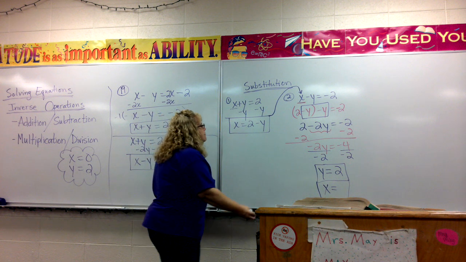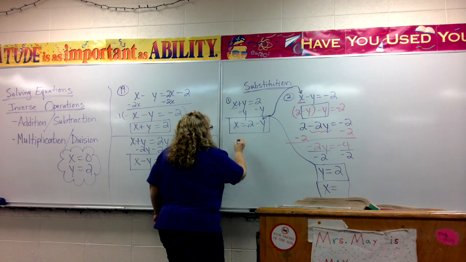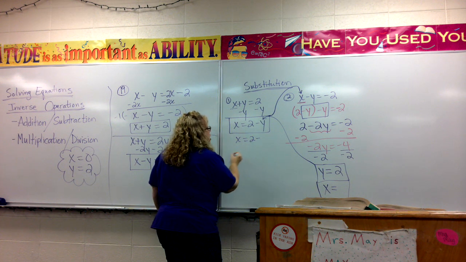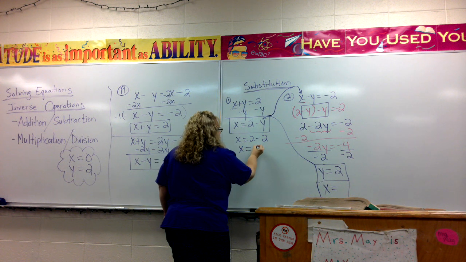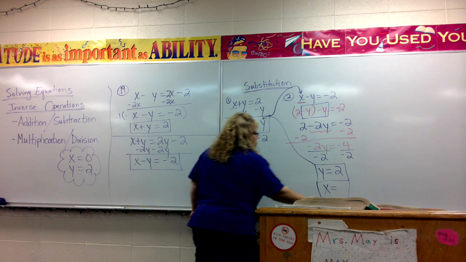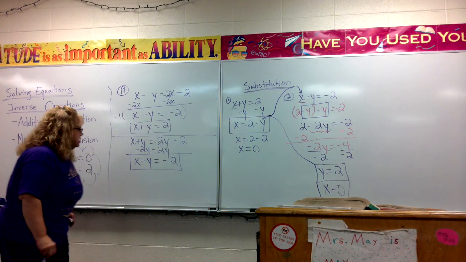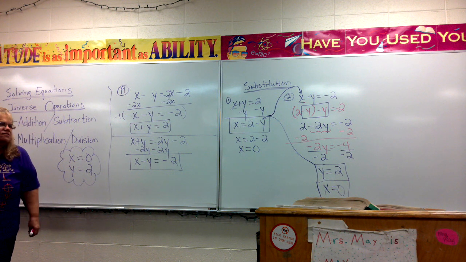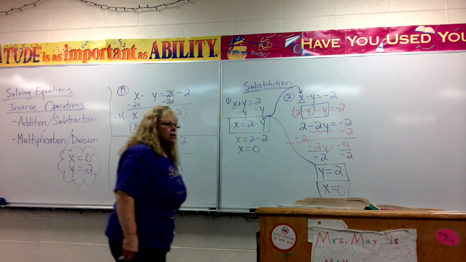You're going to substitute again the value for y. x equals 2 take away y, but what is y? 2 take away 2? So x is 0, y is 2. Same answers we got when we did it by graphing. Isn't that slick?